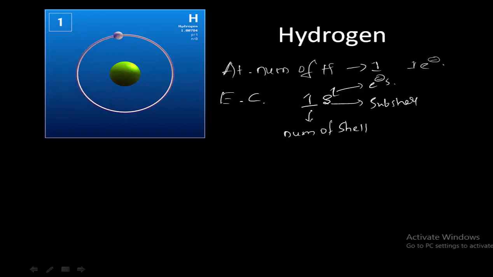So this is the electronic configuration of hydrogen: in the first shell, in the s subshell, one electron is there. This is how the electron is distributed in the hydrogen atom.